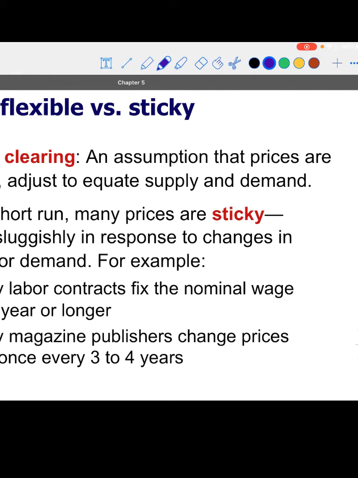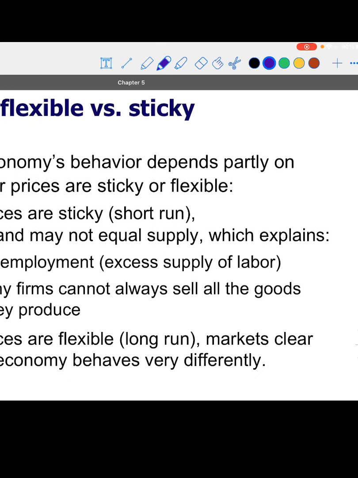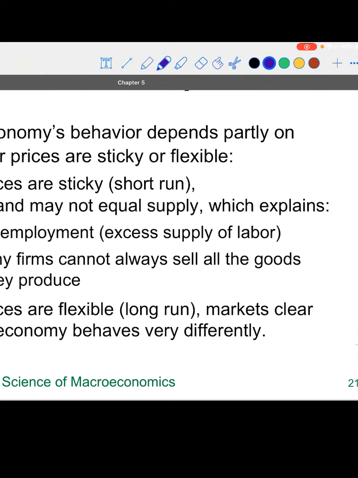So for the most part, at least in the short run, many prices are sticky, meaning they don't move as quickly as we would expect them to. Before you think, why do I care whether prices are sticky or not, it actually matters a great deal.